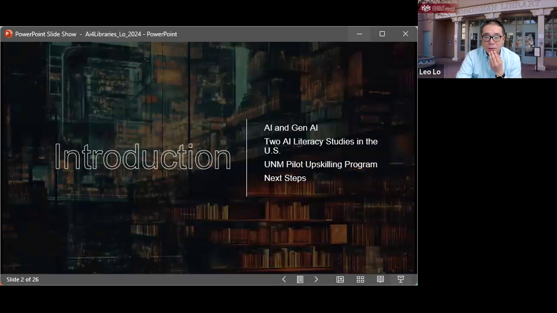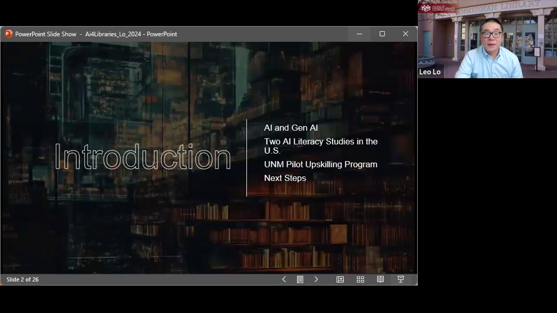I will talk a little bit about what is AI, what is generative AI, just so that we are on the same page. And then I'm going to go over two AI literacy studies that I have done, one last year, one this year, and share the key findings and some insights that I had.